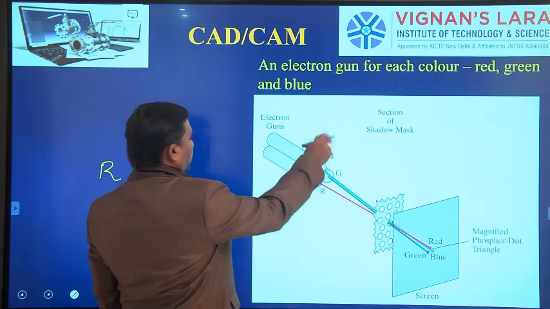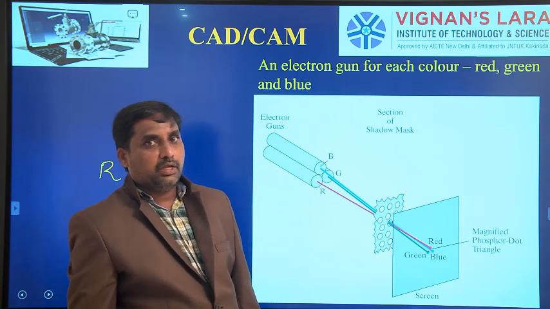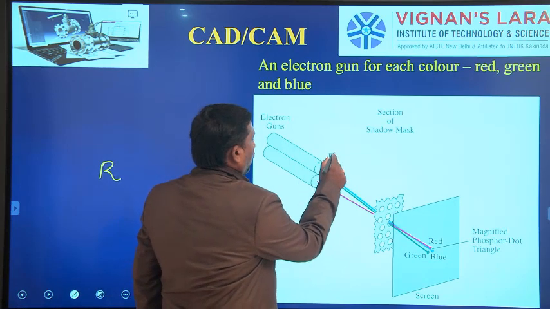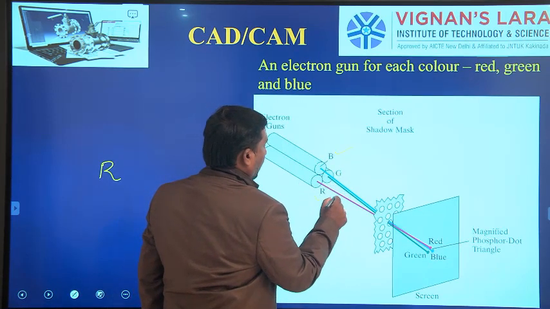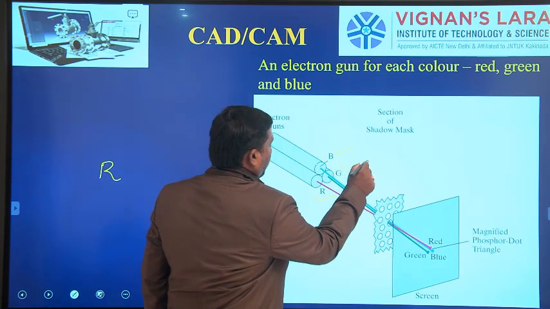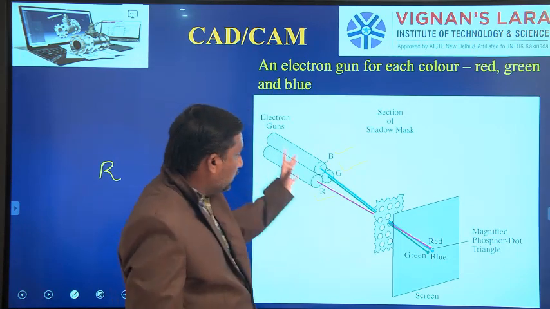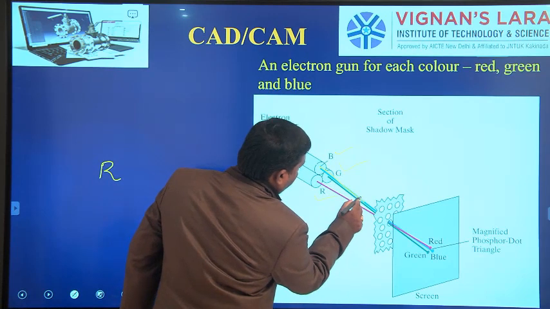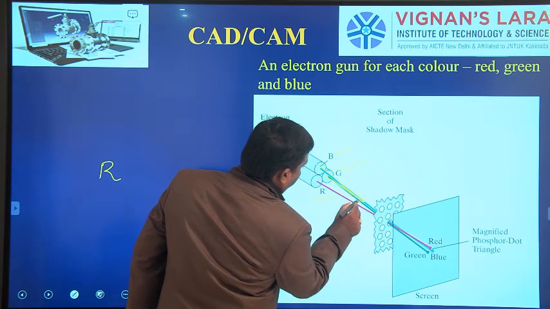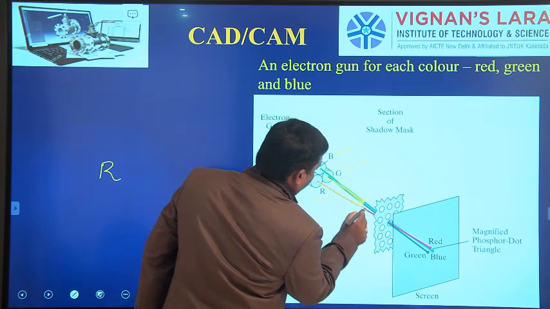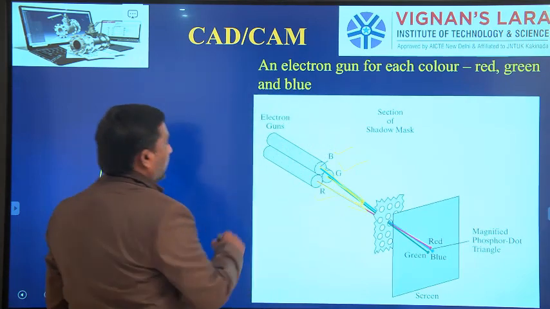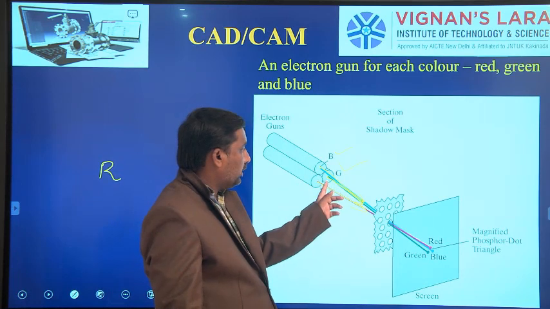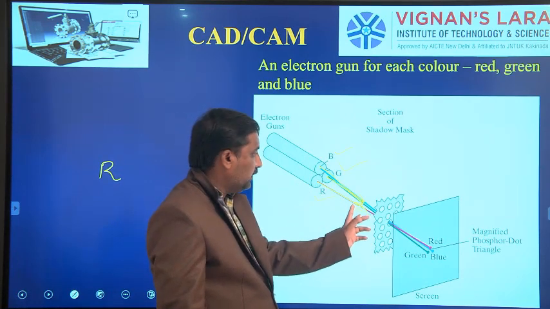These 3 electron guns are provided with some voltage source, one for blue color, another for red color, and another for green color. Each electron gun releases its own electron beam, blue, green, and red. These 3 electron guns release 3 different colored electron beams.